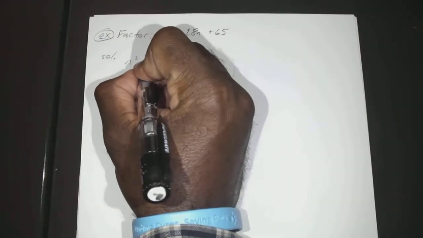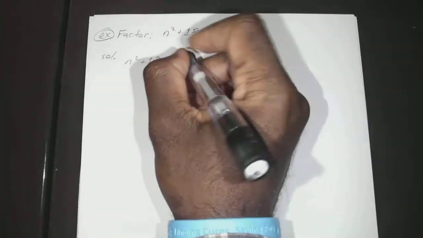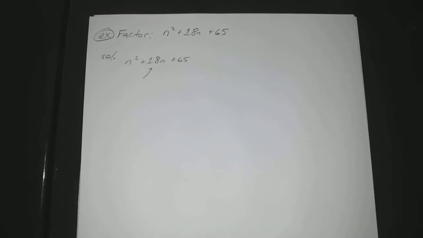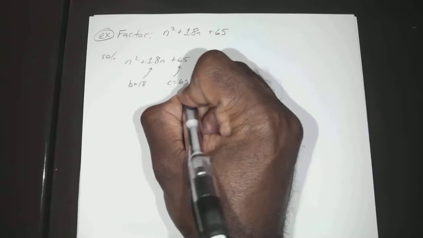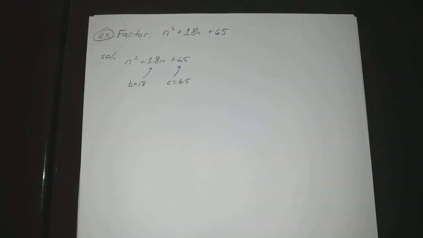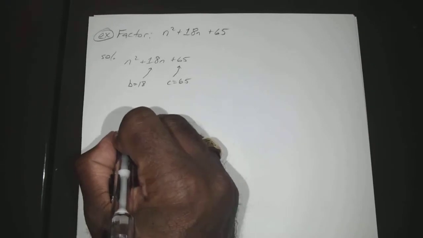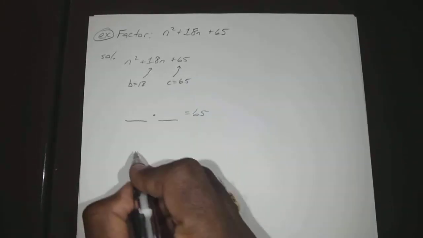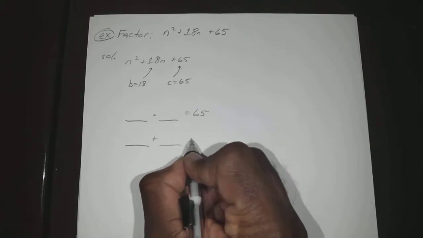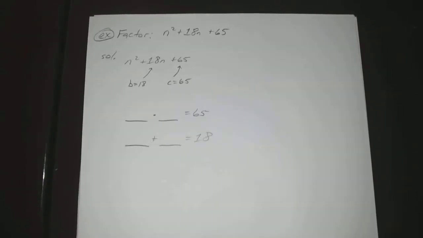Okay, so we know that our B is equal to 18, and our C is equal to 65. Which means we have to find two numbers that multiply to equal our C, which is 65, and those same two numbers add to equal our B, which is 18.